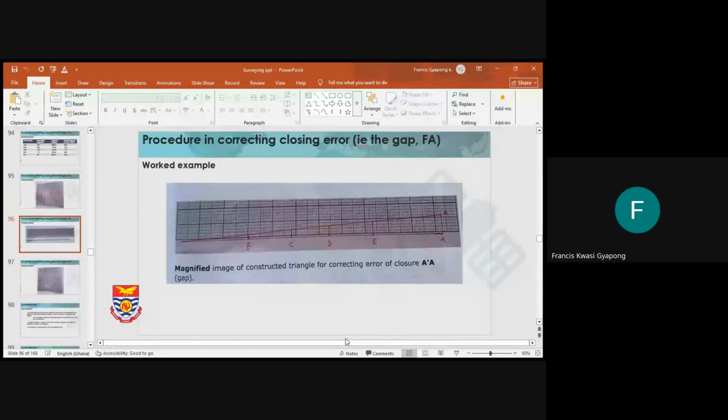Now that 0.2 is going to be parallel to the existing line, that is the line between B and C. That is what you have to note.